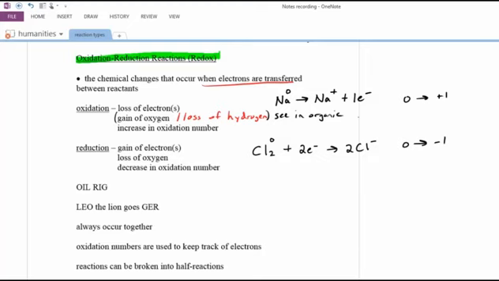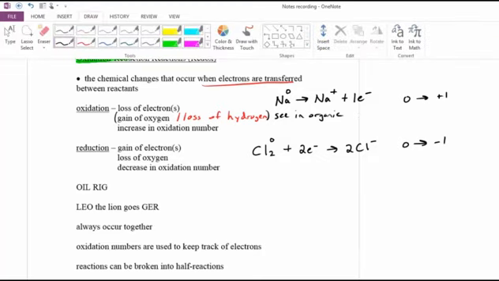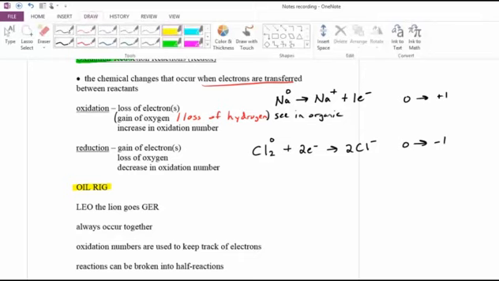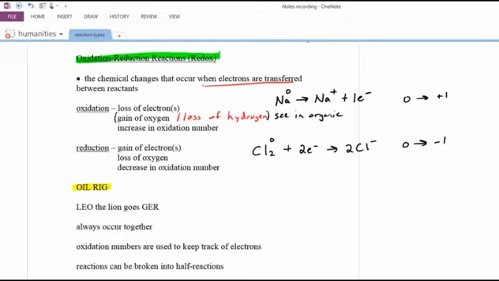Now, we have two little mnemonic devices, for those of you who like it, to remember. Oil rig, oxidation is loss, reduction is gain.